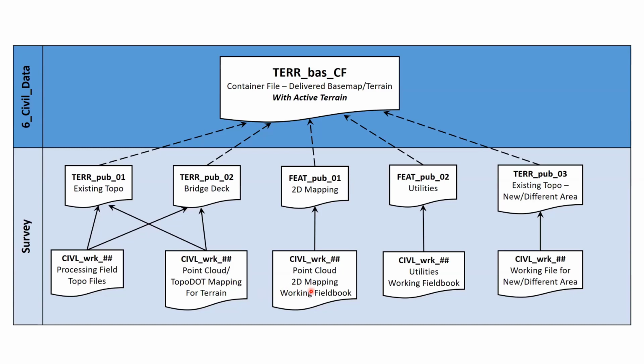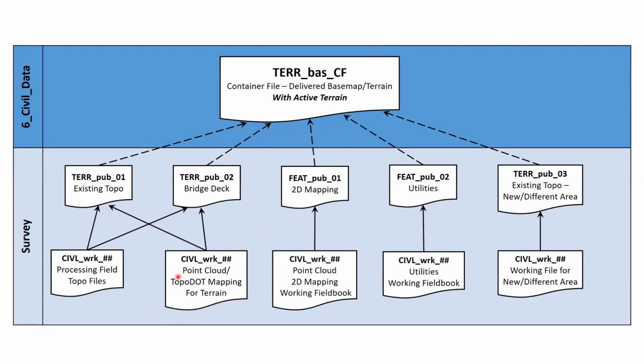So I would have my working field book for all of that topo dot mapping in another civil working file. Then that data would go from these working files up to this publish file, which is then, of course, referenced to my base container file for delivery when we're ready for that.